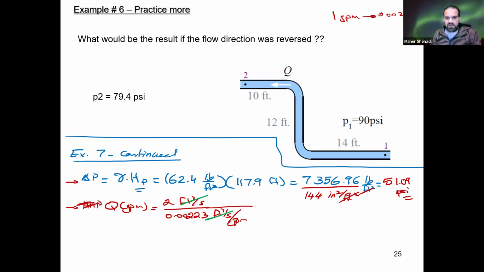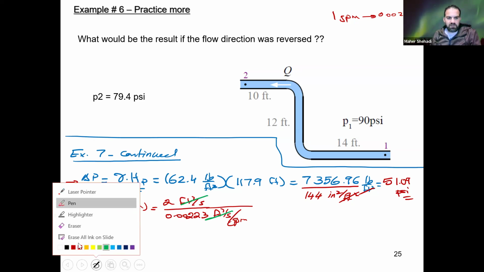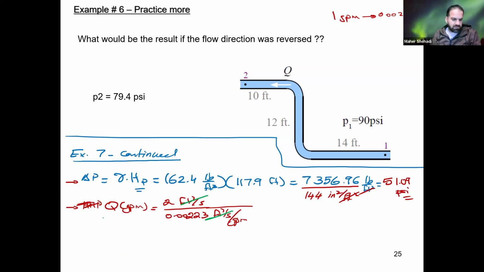So this with that, and then we'll have GPM at the end. 896.86 gallons per minute.